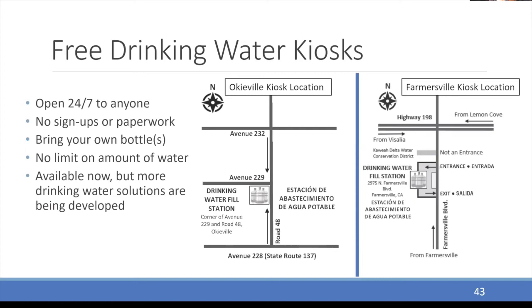There is a filter to take out sand and other particulates, and in some cases, a UV filter to make sure no bacteria growth develops within the kiosk itself. But there's not a need for reverse osmosis because the kiosk is connected to a public water system or a well, in the case of Okieville, that does meet drinking water standards.